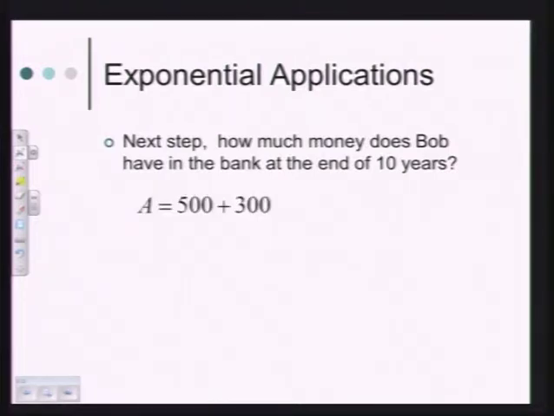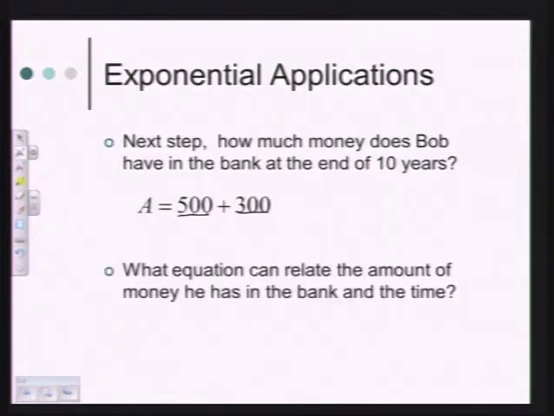Well, the amount will be $500, that's what he put in the bank, plus $300. That's going to be the amount of interest. Or if we wrote that symbolically, the amount equals P plus interest. And that equation is then given as A equals P plus I.